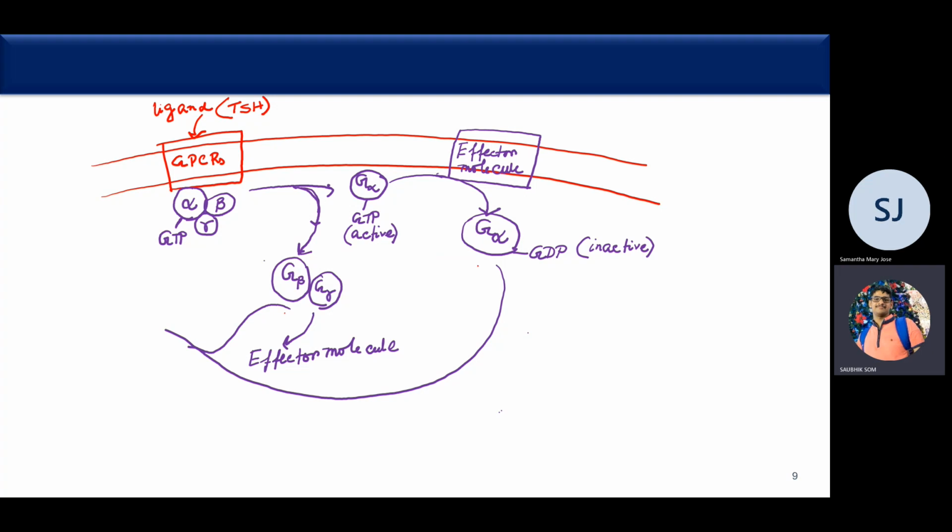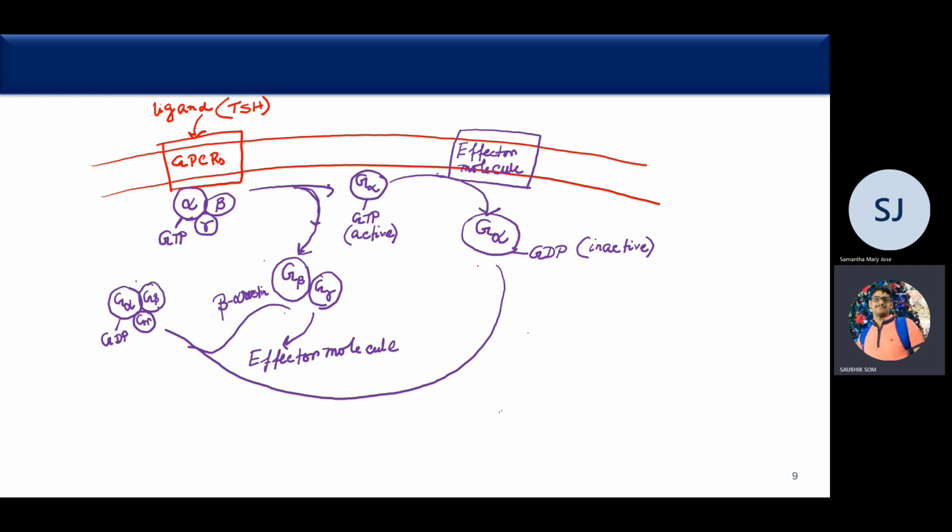One of the inactivating molecules is also known as beta arrestin. Then we have an inactivated complex which has G alpha GDP, and G beta and G gamma.